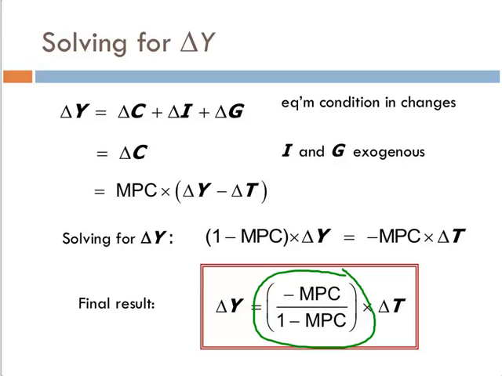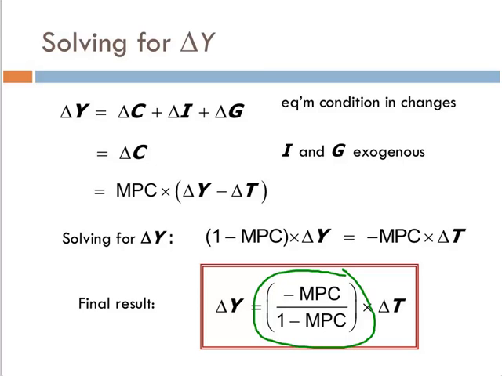But there's also something else you should note. MPC must be between 0 and 1, right? I can't spend more than my income. I can't spend less than 0. It's going to be between 0 and 1. So the tax multiplier in absolute value must be less than or equal to the government spending multiplier, right?